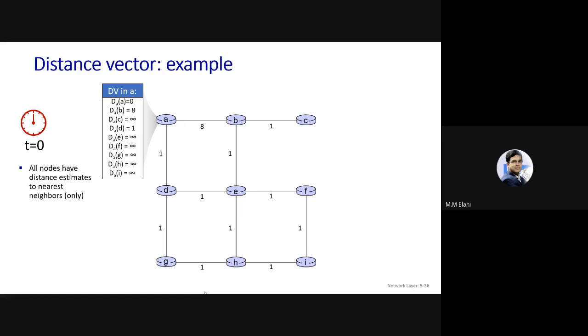And at step 0, we call t equals 0. That's the initialization. You can see here, every node will initialize its table or its distance vector. Vector means kind of a table, right? So distance vector. Now, you can see for A, the initial distance vector is very simple. A has how many neighbors?